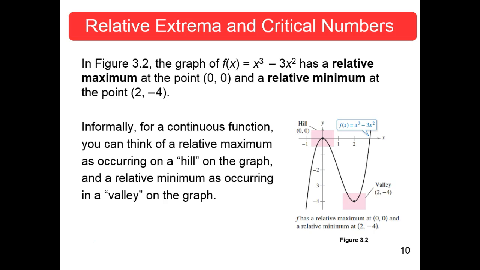Now, why do we call it relative maximum? Because this isn't a closed interval. This goes on forever. And since it goes on forever, it's going way past this value. So it doesn't have an absolute maximum. This is not a closed interval, okay? But it does have a relative maximum.